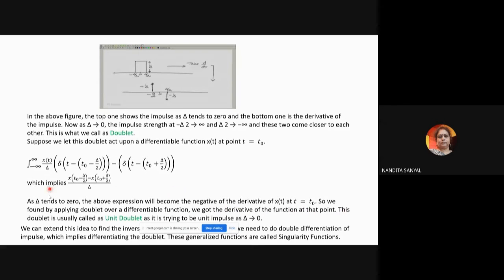This doublet is usually called the unit doublet, and it tends to the unit impulse as delta tends to 0.